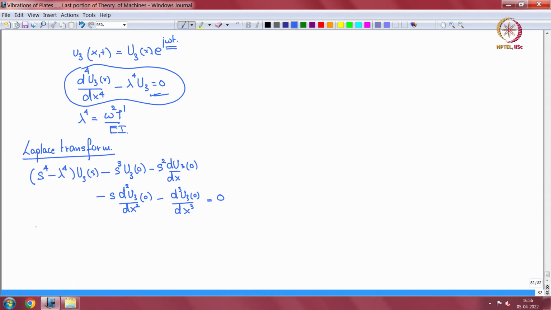So if we now pull out U3 of s, we get 1 over s4 minus lambda 4 times s cube U3 0 plus s square dU3 by dx at 0 plus s d2 U3 by dx square at 0 plus d3 U3 by dx cube at 0.